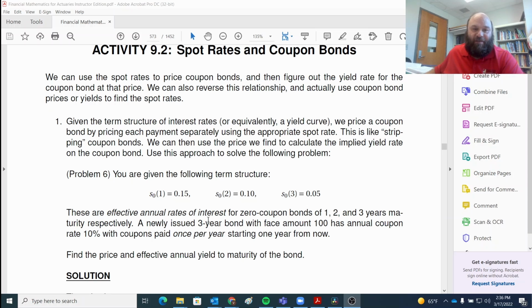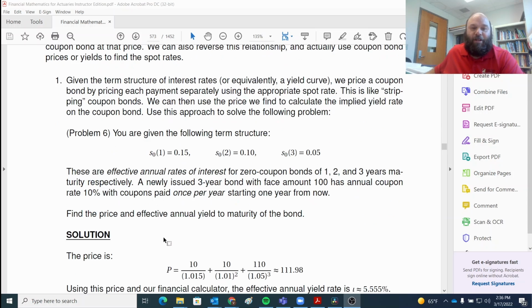So let's dive in. The first thing we do is take each payment and find its present value using the yield curve. 10% with a face value of 100 means that the first payment is 10, the second payment is a coupon payment of 10, and the last payment is the redemption amount of 100 plus the last coupon of 10, so it's 110.